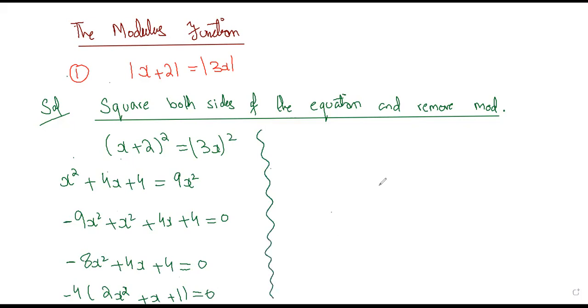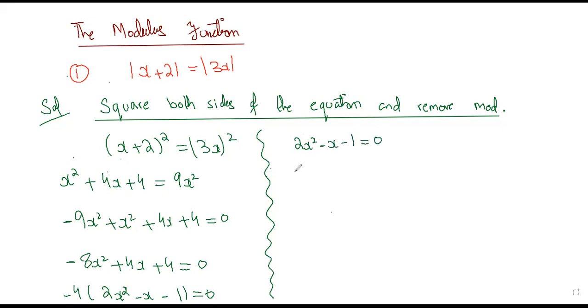Since I've taken minus common, this sign and this one would change. So it would become minus x and then minus 1. And finally, this would be the equation 2x squared minus x minus 1 equals 0.